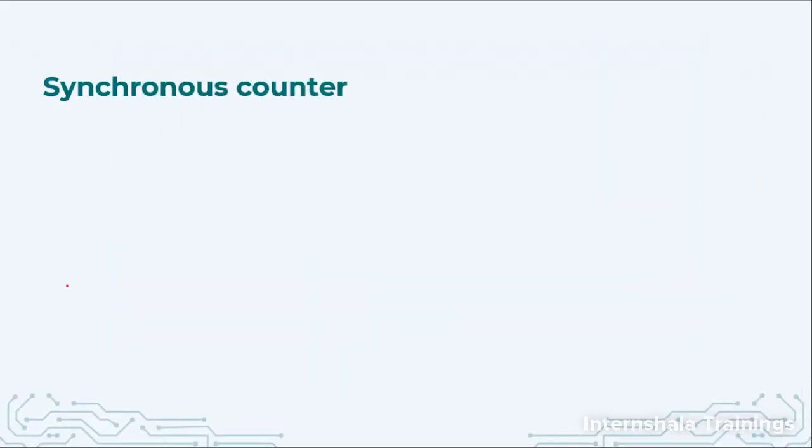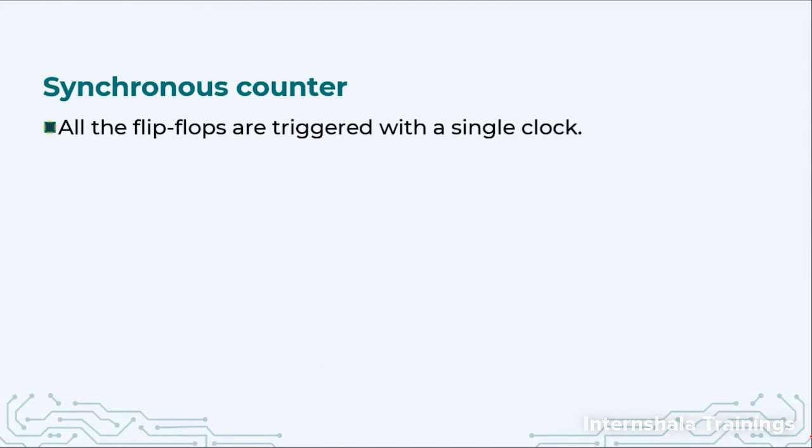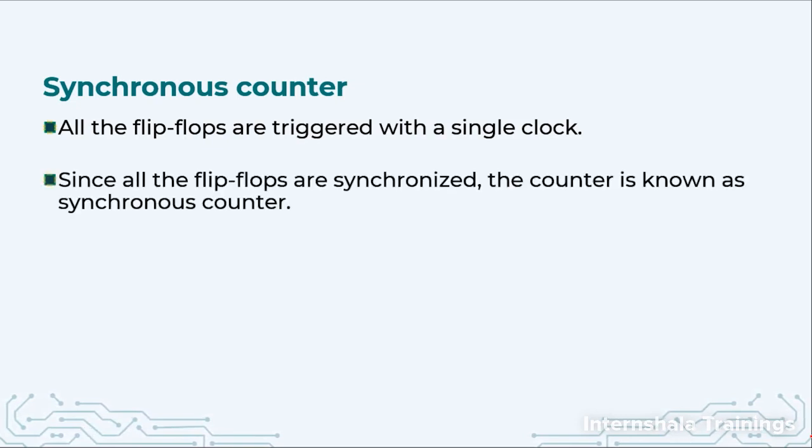So here we have the second type of counters, and these are called synchronous counters. In these, all the flip-flops are triggered with one single clock. That means we have the synchronization. All the flip-flops are synchronized. All of them will operate at one given positive edge.